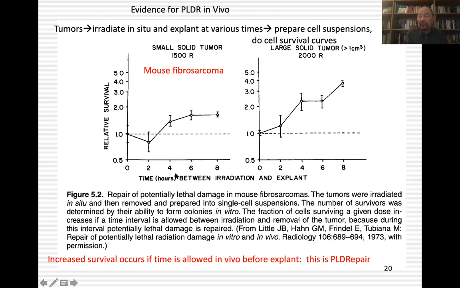So you see that if you increase the time, the survival goes up. And this seems to be even more significant if you take large solid tumors than small solid tumors, maybe indicating the possible relationship to the hypoxia of the tumors. I will see later.